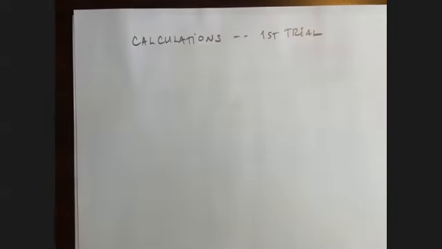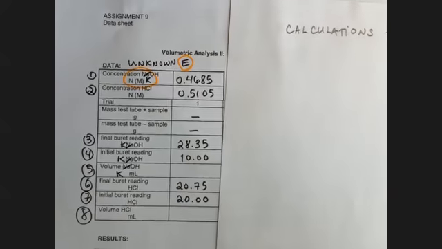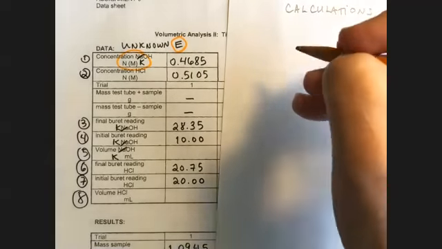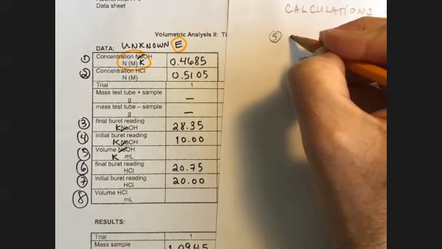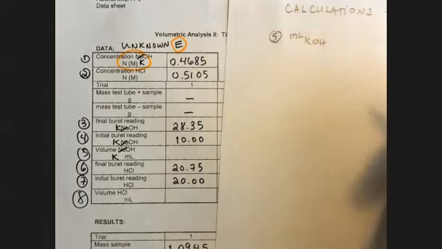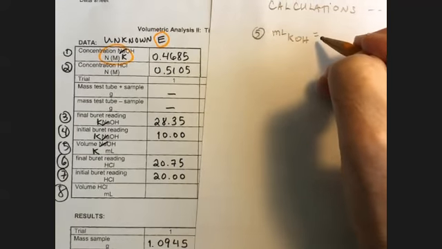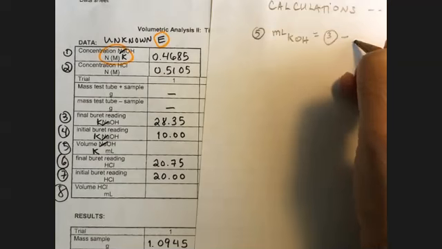So the first thing we want to do is find out what was the volume of KOH and the volume of HCl. So this will be item number 5. This is the milliliters of KOH that we used. So according to our numbers here, that would be item number 3, the final, minus the initial, which was 10, right?